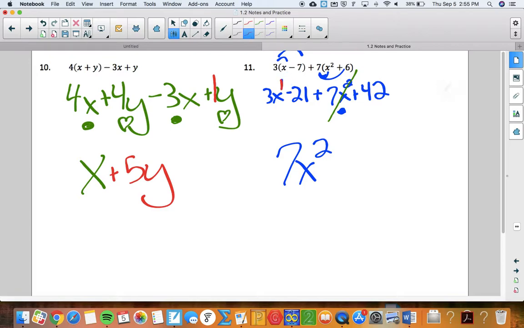And there's no other x to the 1s, so I'm going to write that down. It's a positive 3, so I put a plus sign in front of it, plus 3x. I'm going to cross that off. Lastly, I get a constant, a number negative 21, plus the number 42. That gives you a positive 21. There we are.